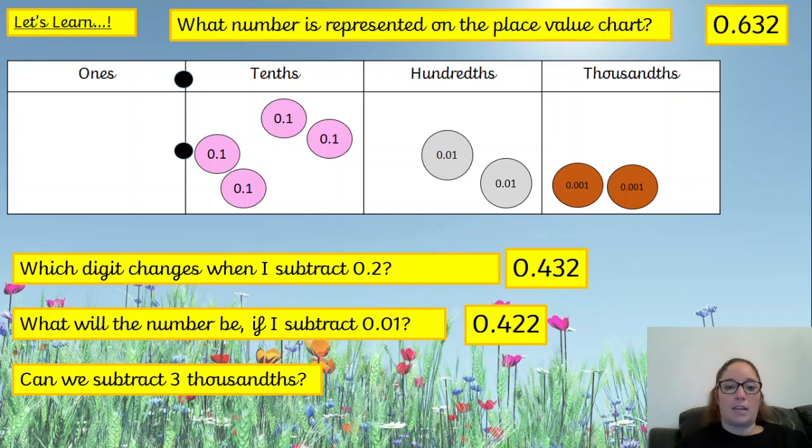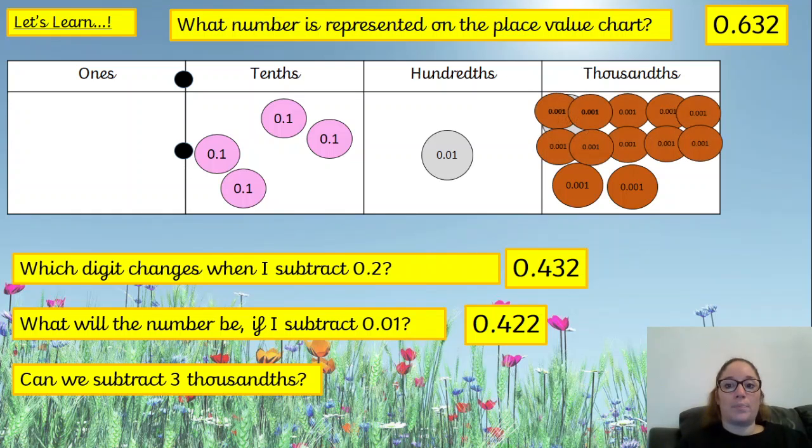Can we subtract 3 thousandths? Well, at the moment, no, because we've only got 2 thousandths. What can we do instead? What can we do to help us subtract? Okay, so we can exchange, because we know that 10 thousandths is the same as 1/100th. So we can move one of our hundredths to our thousandths, exchange it, and swap it for 10 thousandths.